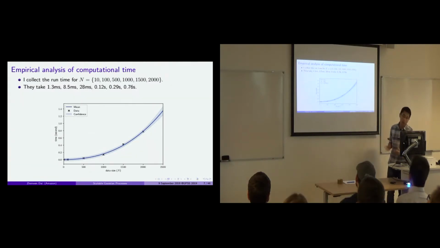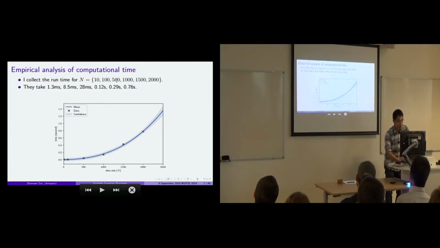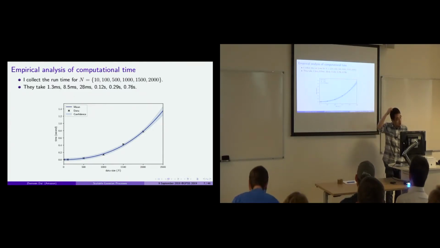Here, I try to give you a very simple numerical analysis. For that previous example, I did a small time profiling. I chose a few sizes of the data: 10, 100, 500, 1,000, 1,500, 2,000, and computed the log likelihood again.